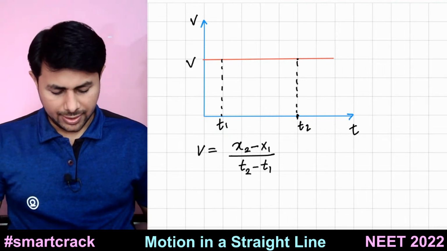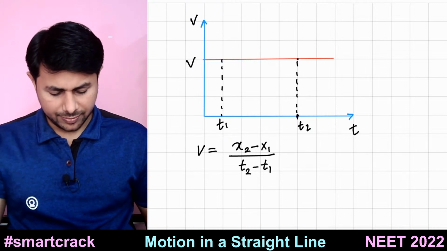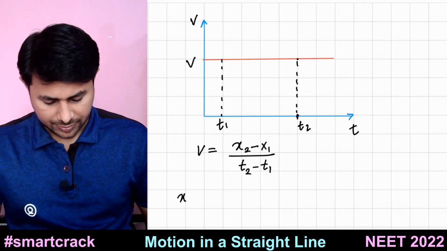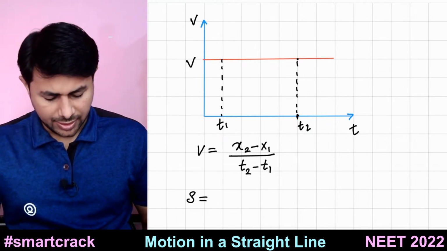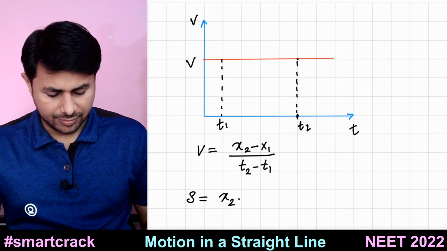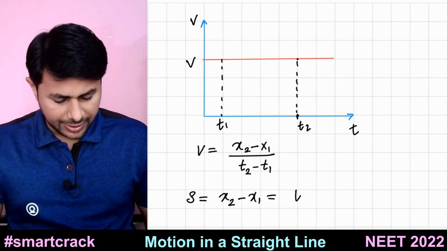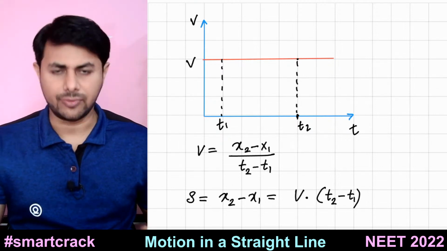Now if I take this t2 minus t1 to the other side, I get x2 minus x1, which is displacement. We know displacement is final position minus initial position, and we can write it as v times t2 minus t1.